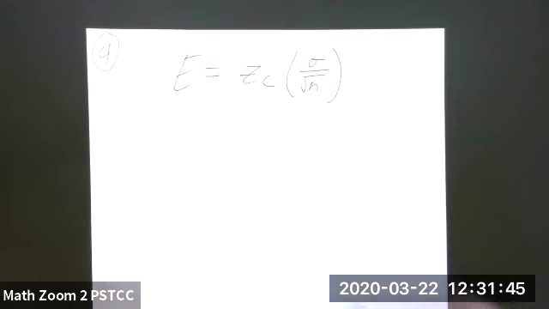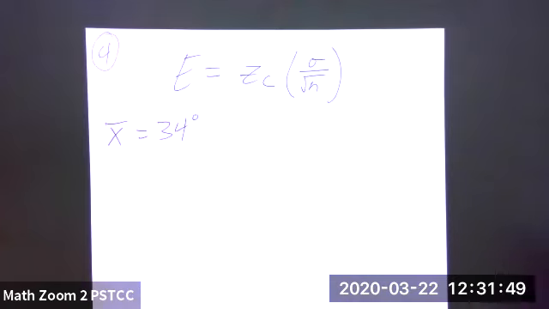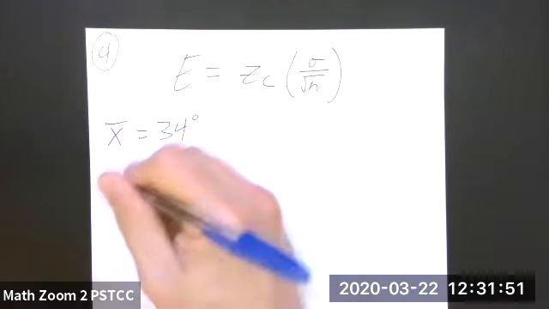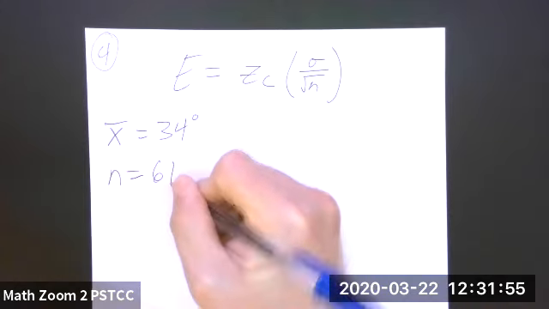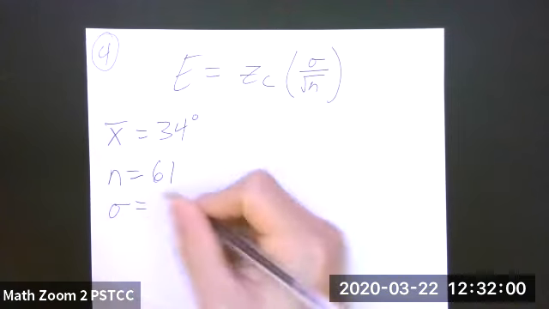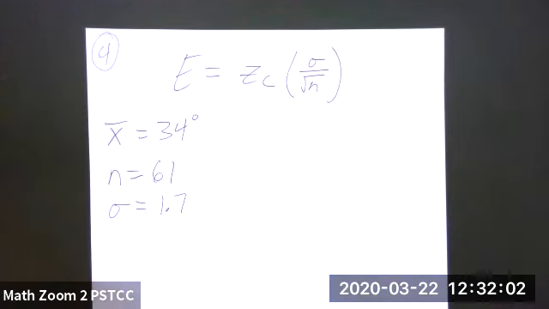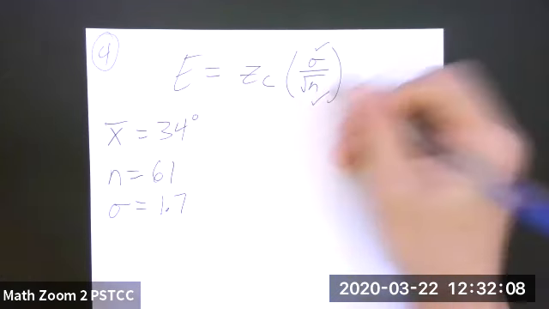We have been given a sample mean of 34 degrees. The sample size is 61. And we're told the population standard deviation is 1.7. We have this, we have this.